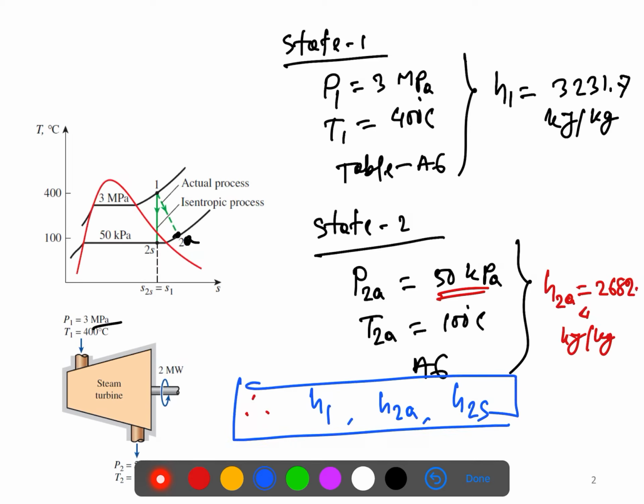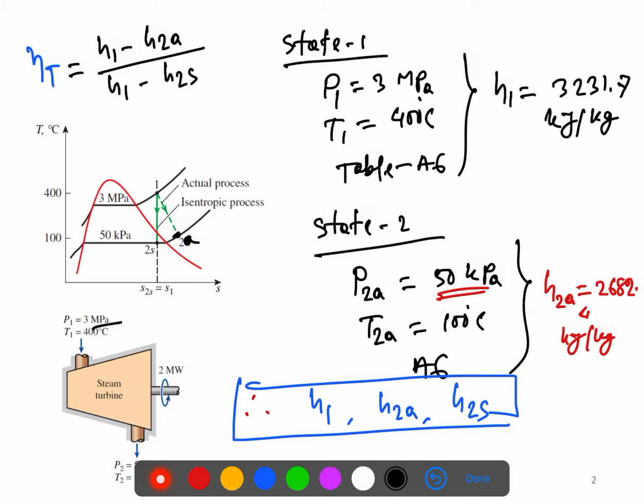So now we need to substitute these values in the expression, and we know that expression: eta T equals (H1 minus H2A) over (H1 minus H2S).